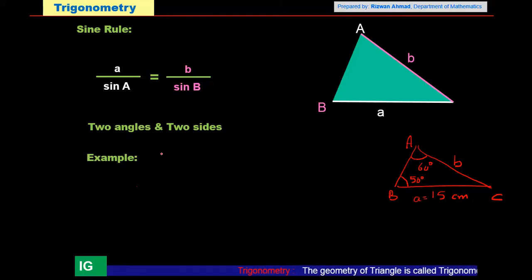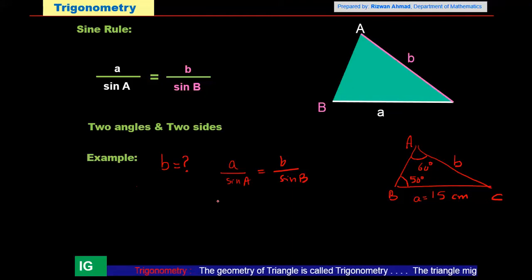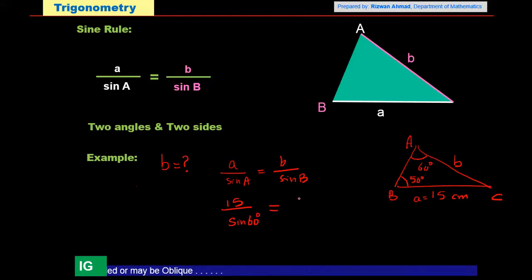So the question is find the side B, the length of the side AC, which is denoted by B. So then using this rule we can say a over sine A is equal to b over sine B. So it means a is 15, 15 over sine of 60 degrees is equal to side b, which is unknown, divided by sine of the angle 50, which is opposite to the side b.